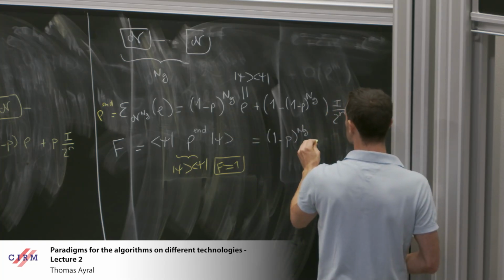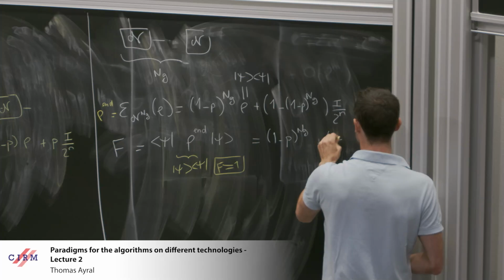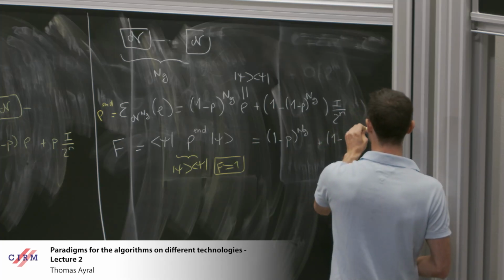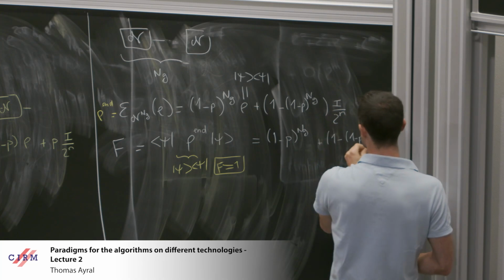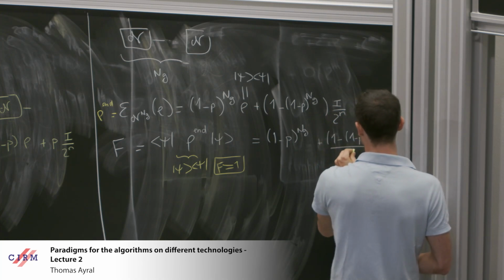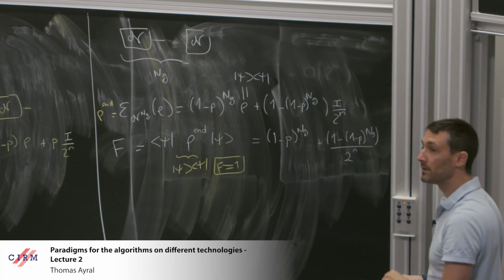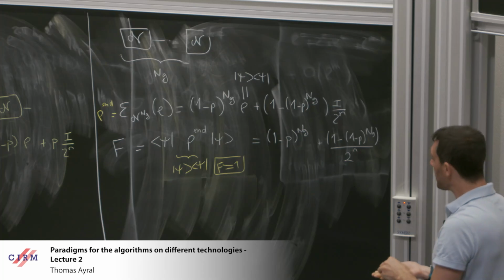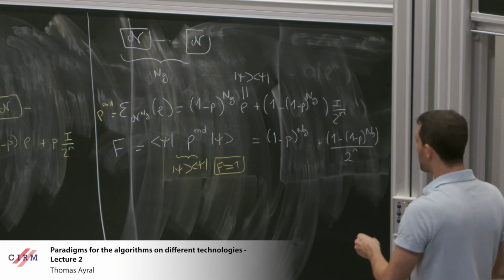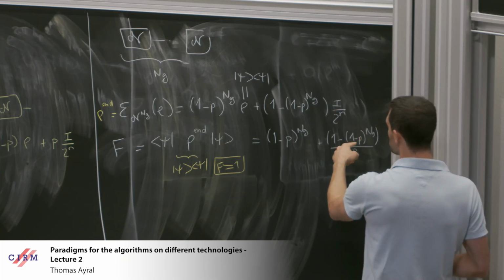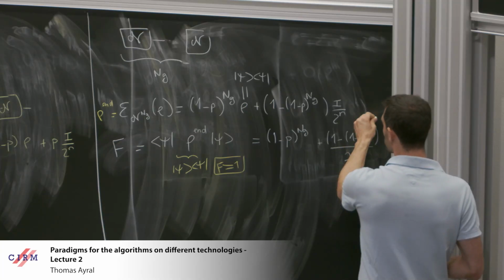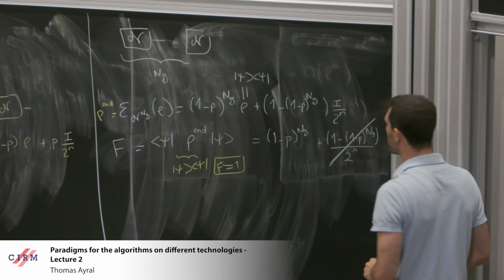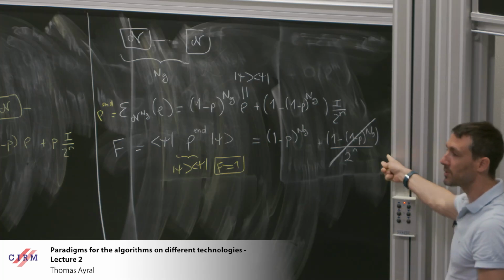And the second contribution is going to be plus 1 minus (1 minus p) to the power NG, and then if we look at this here, it's just contribution 1 also, divided by 2 to the n. So here I want to do this computation because I have a number which is small divided by 2 to the n. Even if it's not small, it's divided by 2 to the n, so with a number of qubits which is quite large, or even not so large, I can remove this term.